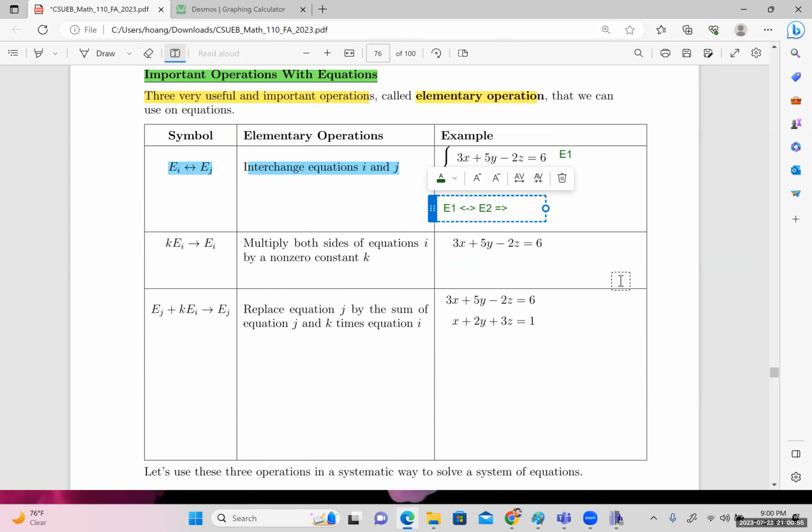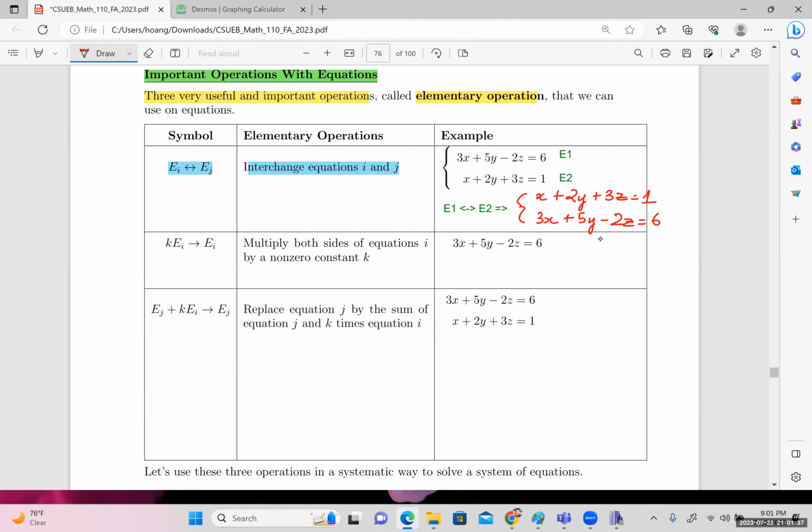We will make x plus 2y plus 3z equal to 1, and 3x plus 5y minus 2z equal to 6. So as you see right now, equation 1 changed to be equation 2, and equation 2 now becomes equation 1, the new equation 1, I mean. So it will not make any change to the solution.